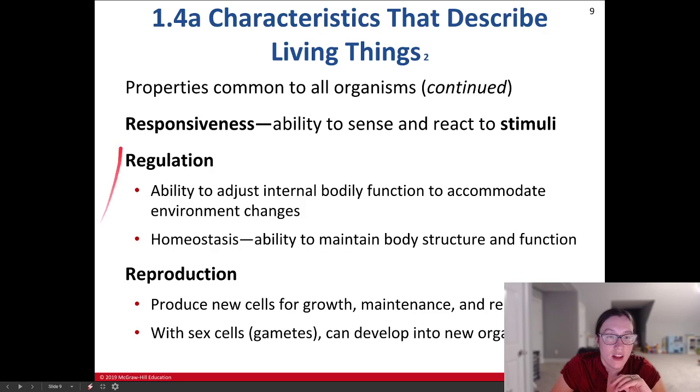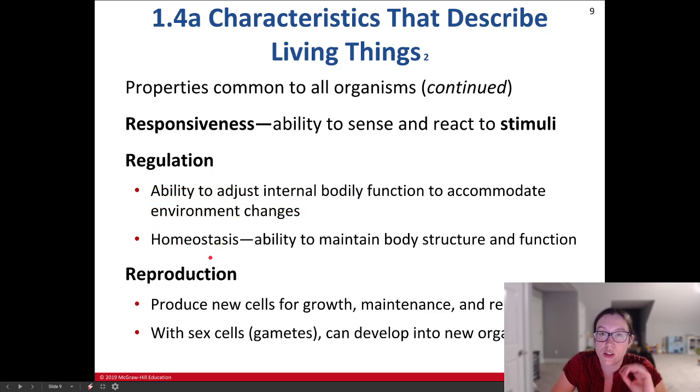Next is regulate. First they're going to sense the stimuli, and they might sense a change, like maybe you're really cold, but you might want to regulate your body temperature. If we feel cold, we want to regulate it and become warm again. And so regulation means that living things have the ability to adjust their internal bodily function to accommodate changes in the environment.